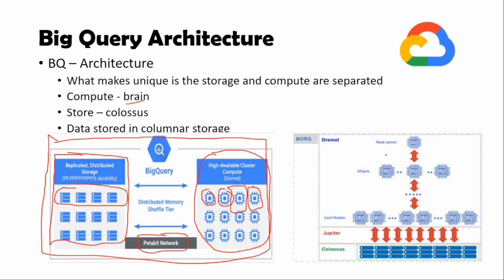So the same thing here, see, the SQL statement is converted to a job and submitted to a root server. This is the manager, and once the manager receives the job, the manager will convert the job into an execution tree like structure. So this is the execution tree where these are the workers, independent workers.